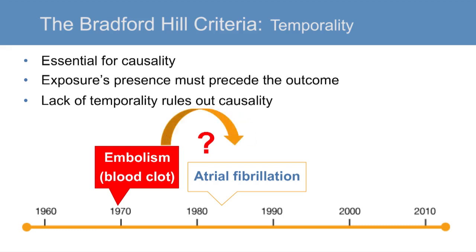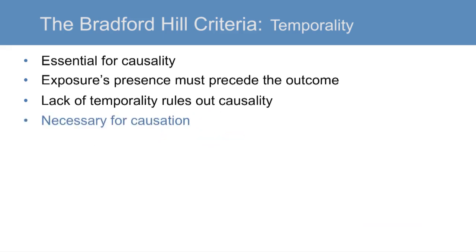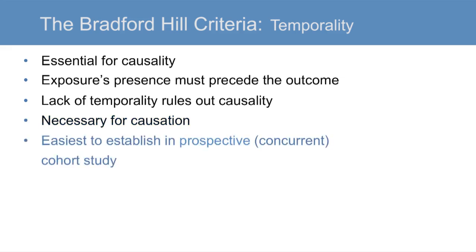Determining the proper course of care may hinge upon discovering if pulmonary emboli can indeed precede and thus perhaps cause the development of atrial fibrillation. Temporality is the only necessary criterion for causality. And finally, it is easier to establish a temporal relationship in a concurrent cohort study than in a case-control study or retrospective cohort study.